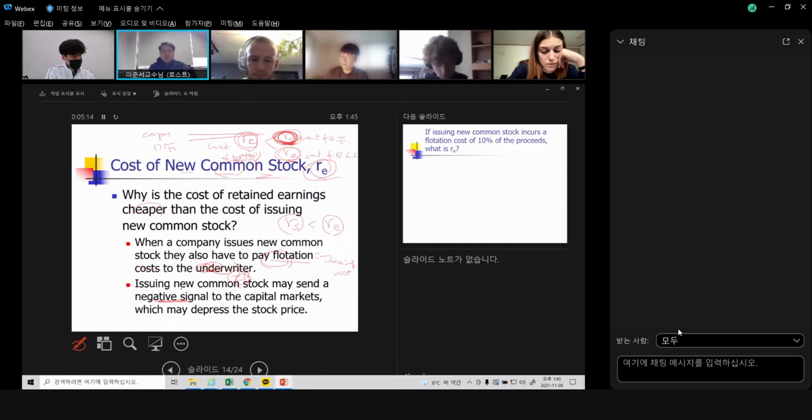If the company has sufficient money, then the company doesn't have to issue new securities to raise new funds, right? They can just use the retained earnings within the company. So the reason why a company issues new stock is what? There is no sufficient money to reinvest in some project, right?